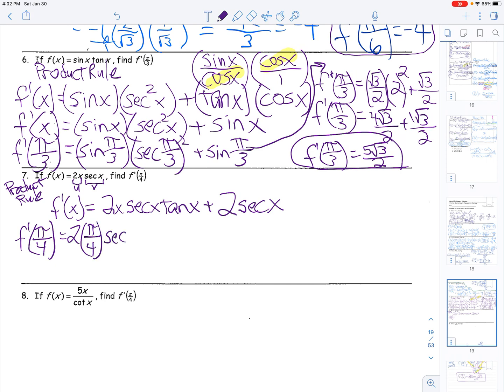So anywhere you see x, you're plugging in pi over 4. All right, 2 times pi over 4 times secant pi over 4 times tan pi over 4, plus 2 secant pi over 4. So 2 times pi over 4 is 2 over 1 times pi over 4.